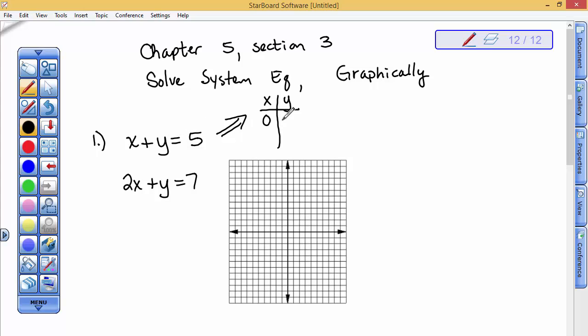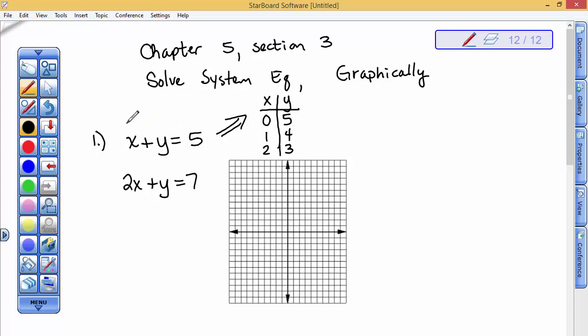I'd have to add 5. Or what if x was 1? What would I have to add to 1 in order to get 5? You'd have to add 4. Or if x was 2, I'd have to add 3. And I can just create a table of values for that one.